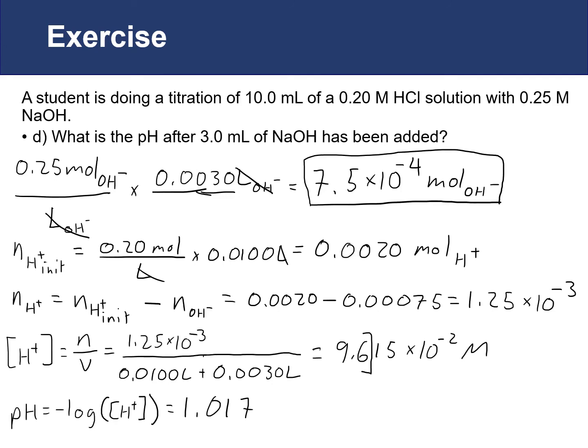From this subtraction, this value will have two significant figures, meaning that our number here that we end up with is going to have two significant figures. If we're taking the log of a value that has two significant figures, then it has two decimal places. And so 1.02 would be our pH.